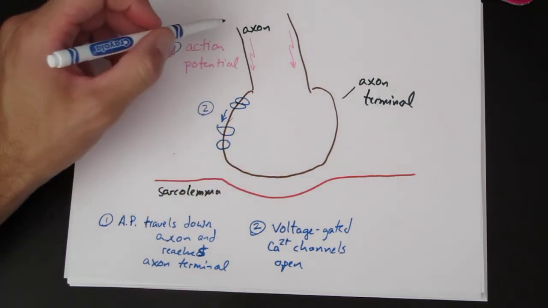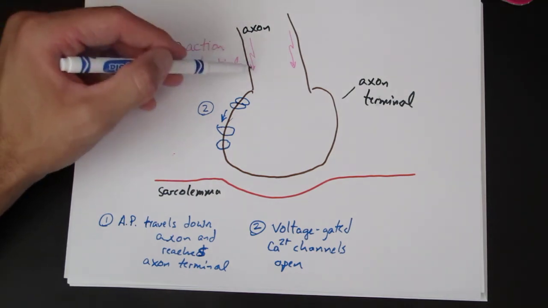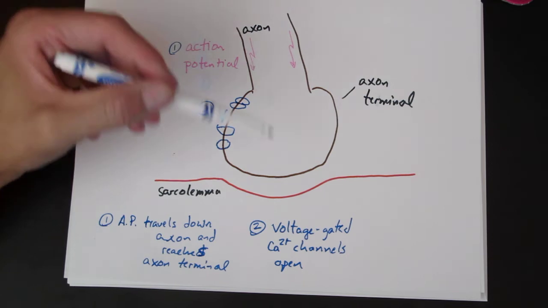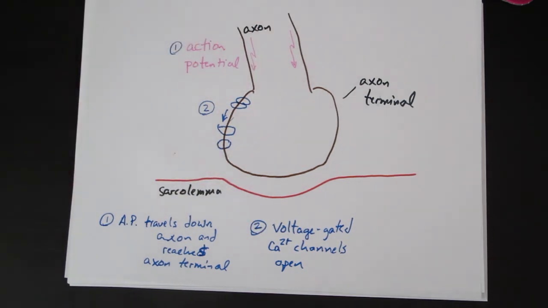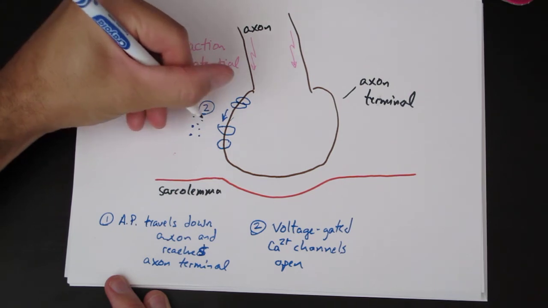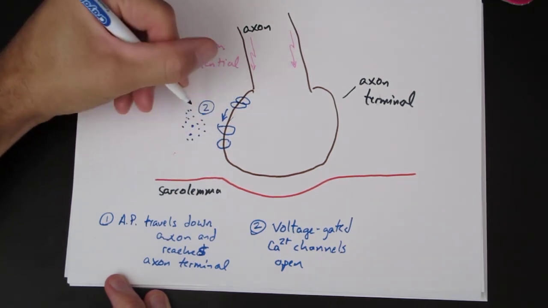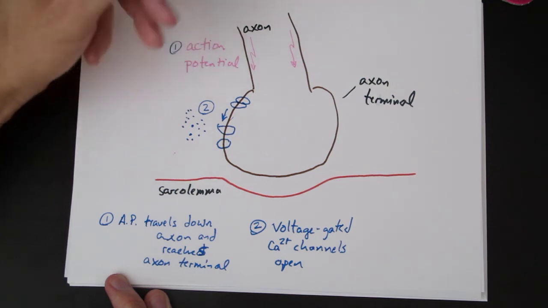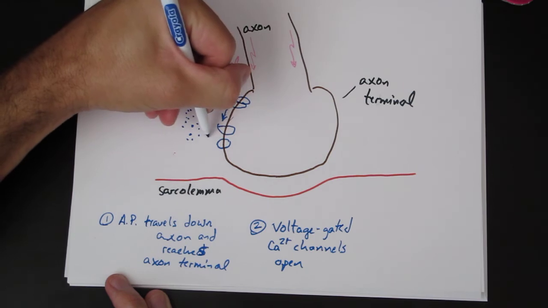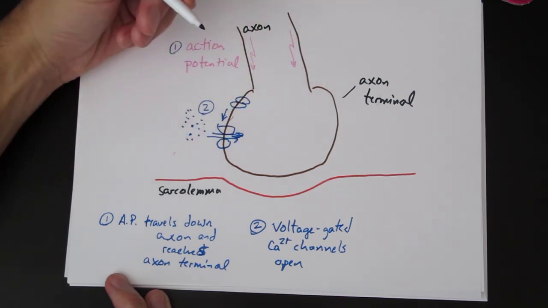They're called voltage gated channels because they're opening in response to this change in voltage, this electrical signal that we have here. They're calcium channels, and calcium is found in high amounts outside of the cell. So when these channels open, and there's all of a sudden a passageway for the calcium to move, it's going to diffuse into the axon terminal.